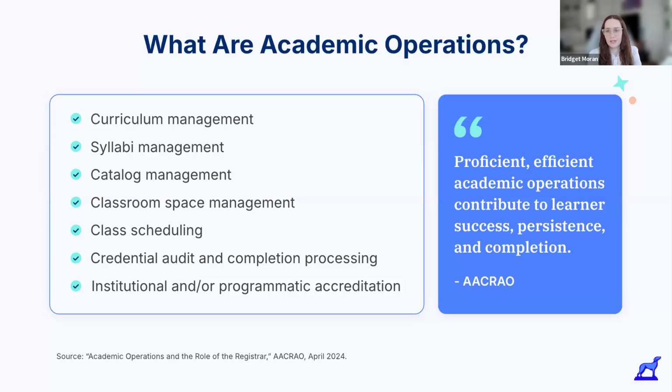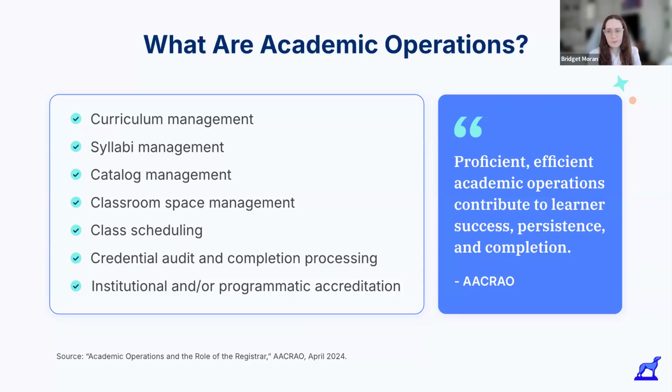And I think, pretty unsurprisingly to most of us, this encompasses quite a lot of what you all do at your institutions. ACRO actually put out a book last year on the subject of academic operations, and it's super interesting. They put together a formal definition of how they think about academic operations. You'll see, on the left side of this slide, it encompasses quite a list: curriculum management, syllabi, the catalog, scheduling, accreditation, and much more.